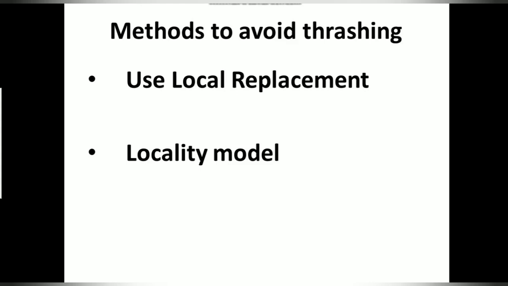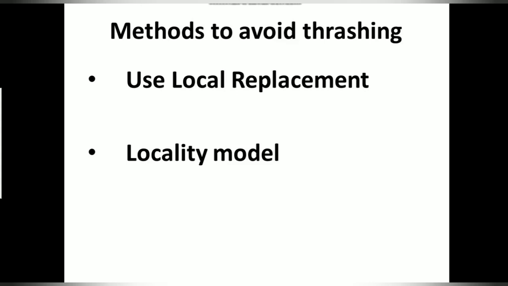By doing that, if one process starts to thrash, it cannot steal frames from another process. So only one process would be suffering. But in the other case, other processes could also be involved in thrashing.